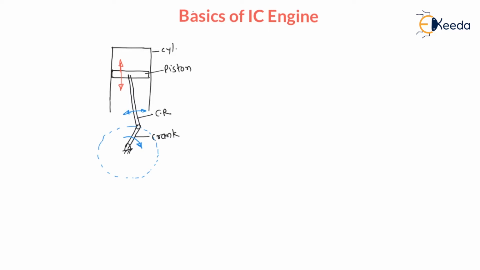Here there are four links: the crank is link number one, the connecting rod is another link, the piston is another link, and the cylinder is the fourth link.